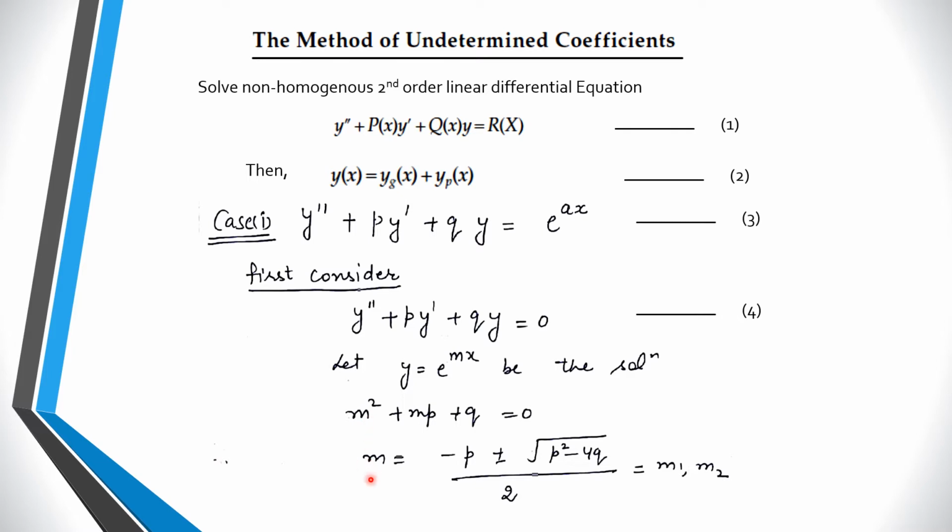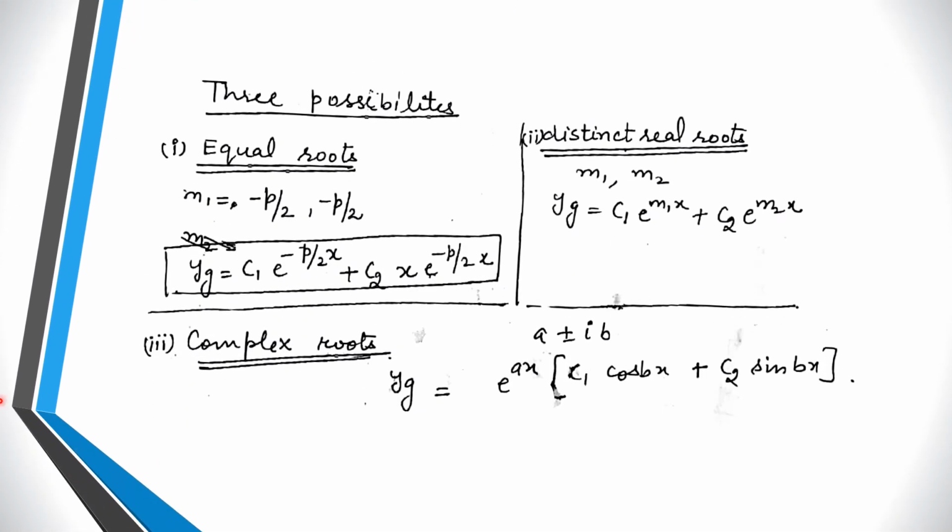Simplify this and you will have the roots. Either these roots are equal, complex, or distinct real roots. In each case we know how to find y_g, the general solution of this differential equation. So see three possibilities: equal roots, distinct real roots and complex roots.